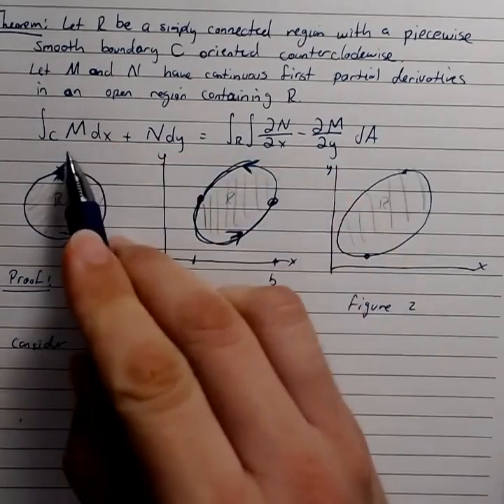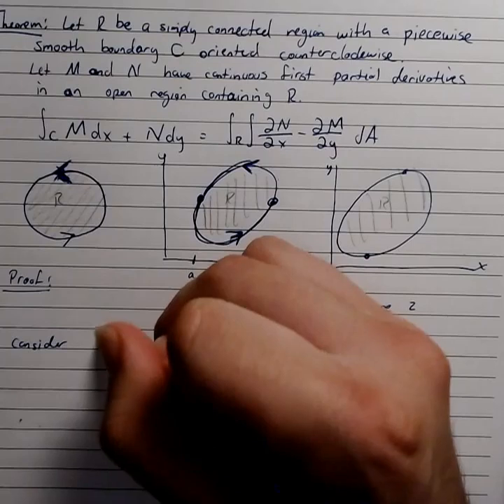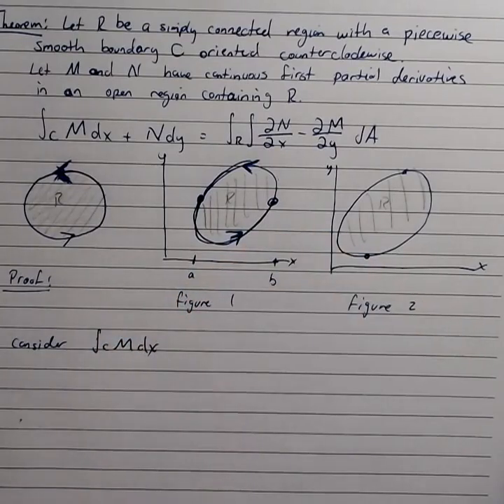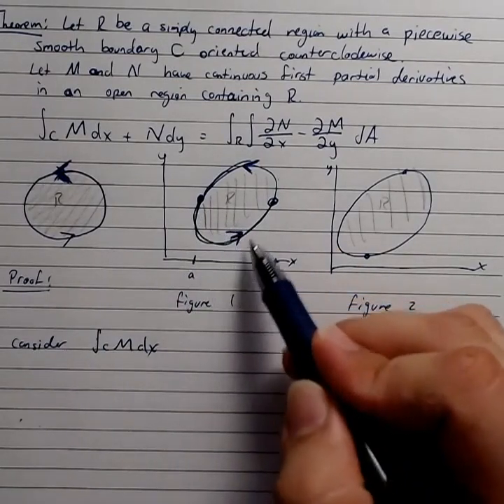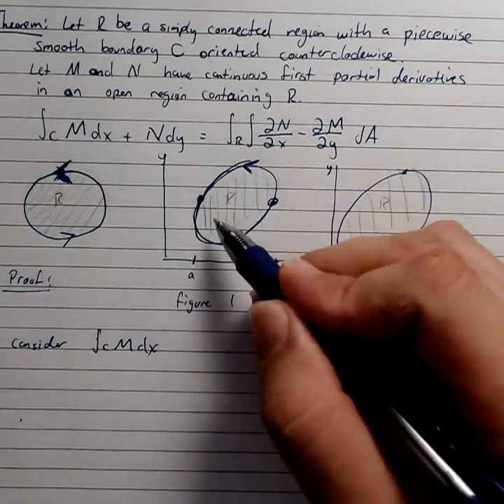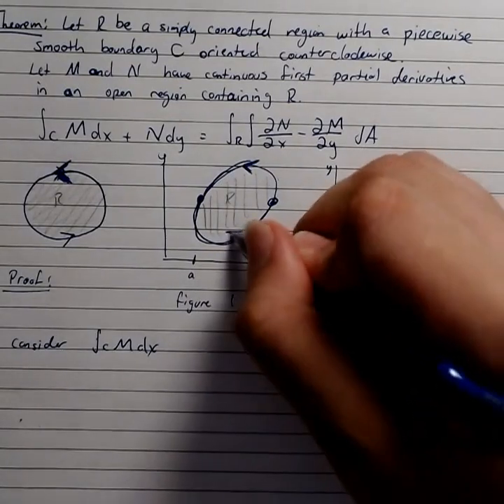So consider the line integral M dx over C. Consider just this part right here. If we consider just that part, that's split up into two regions. After all, this is my contour C, which I've just broken up into two separate sections.